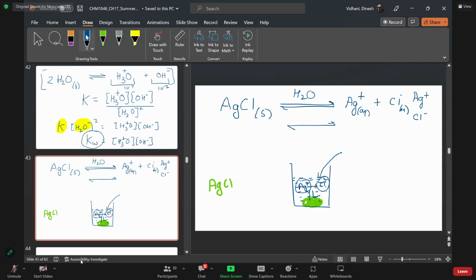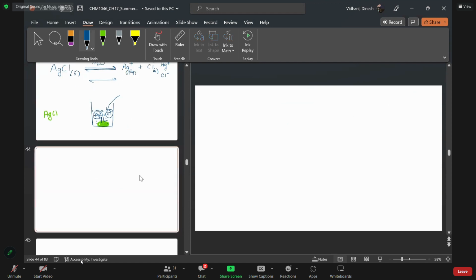Okay. Now, just like what we did with water, we are going to build an ICE table. So suppose I have silver chloride, solid, and I'm just going to draw the regular equilibrium, but now you know what that is. It's very difficult to draw it very accurately on the screen like this.